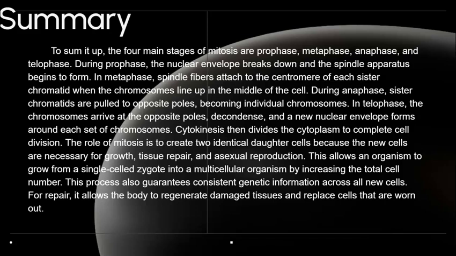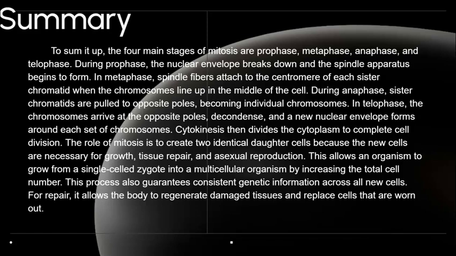During anaphase, sister chromatids are pulled to opposite poles, becoming individual chromosomes. In telophase, the chromosomes arrive at the opposite poles, decondense, and a new nuclear envelope forms around each set of chromosomes. Cytokinesis then divides the cytoplasm to complete cell division.